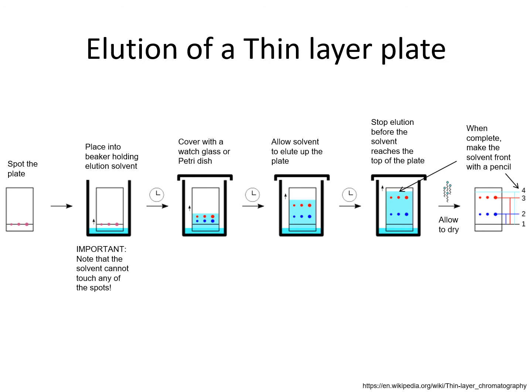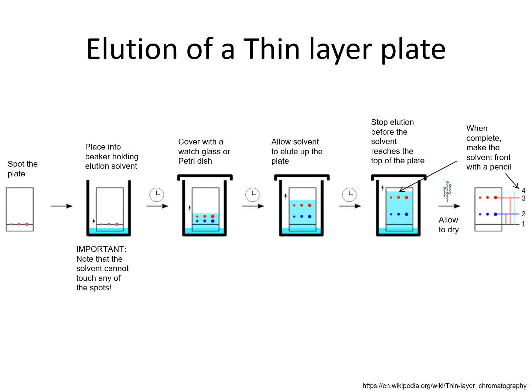Once we have the desired size of the plate, we have to mark a bottom line with a pencil 1 centimeter to 1.5 centimeter above the bottom edge of the plate. The second step is to mark spots with a pencil. You do the lining as well as the spotting with a pencil, and then you use your capillary tube to spot the samples.